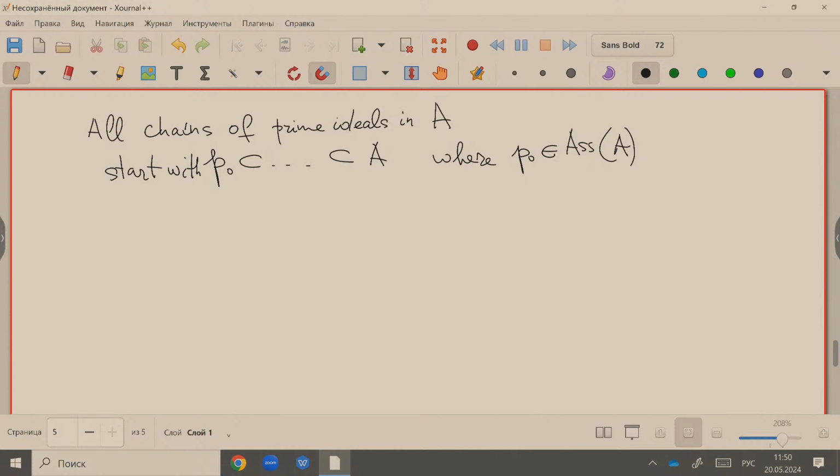So all chains of prime ideals start with P0, which is a minimal prime ideal, a prime ideal that contains 0.